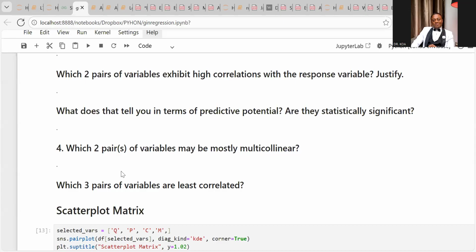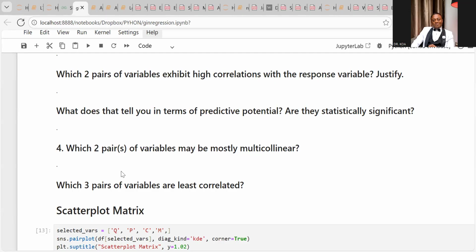It's actually the most significant. I always say that it's not enough to say it's significant; also try and find the predictive power in predicting the dependent variable, in predicting the target.